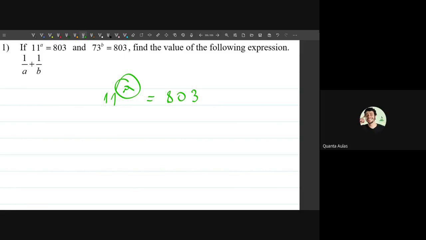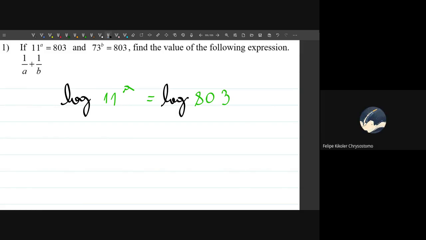We need to take this out of that place and put it in another place. So what's the mathematical function that does this for us? It's the log. We apply log on both sides of the equation.